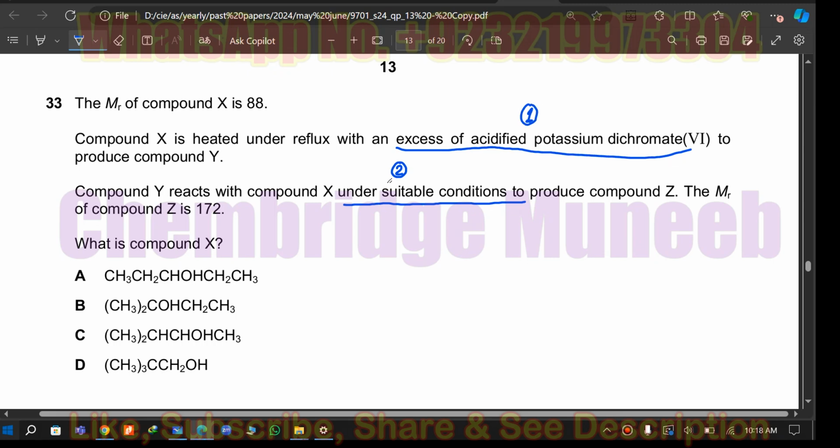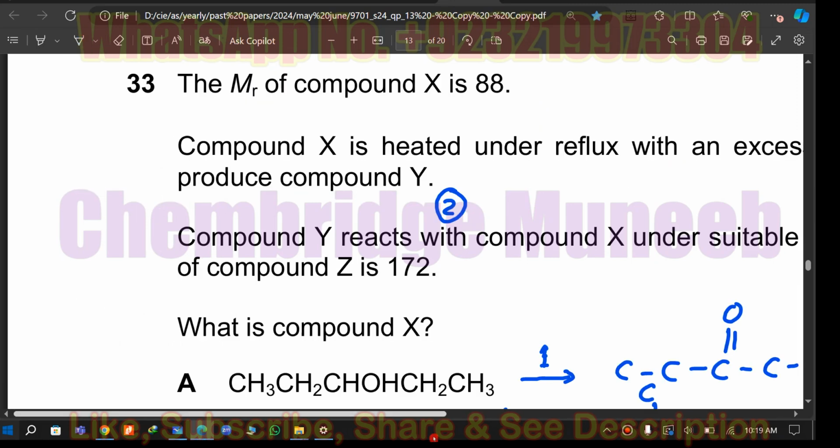Now I have to apply these reaction types on all these compounds mentioned in these 4 options. So I have done the working. Let's check that. Now this is the first option A. We can see that this first option A has the alcoholic group present, and this is a secondary alcohol.